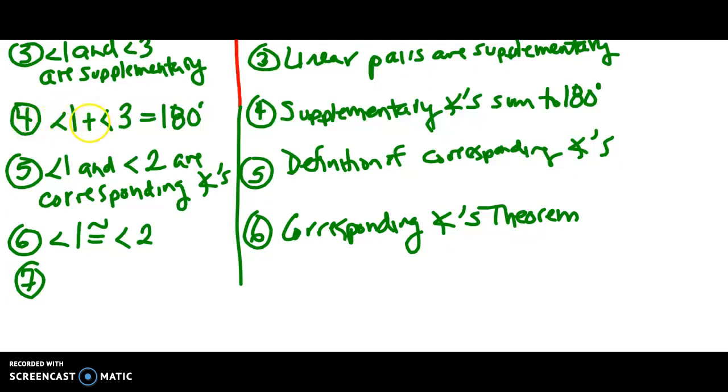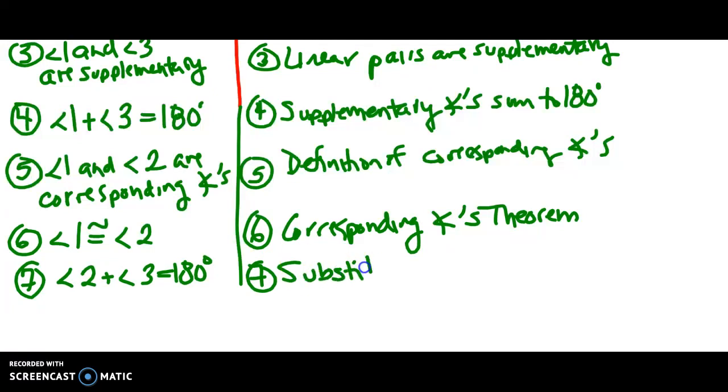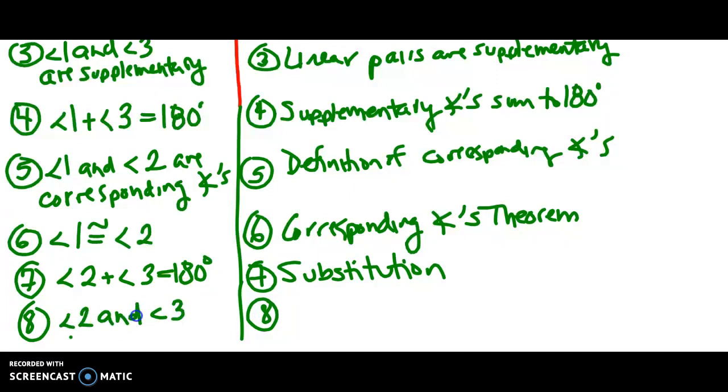So in line 4, I can replace angle 1 with angle 2. And that is substitution, when we replace a given value with another one. Property of equality. And I now have angle 2 plus angle 3 equal to 180, so angle 2 and angle 3 are supplementary.